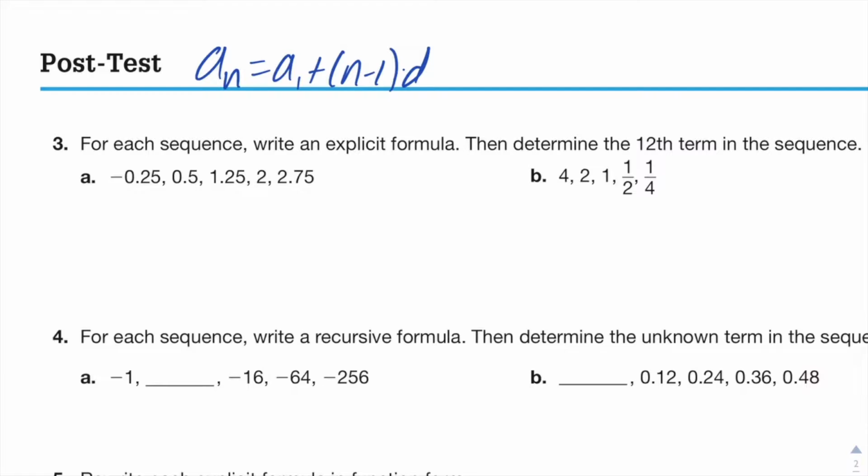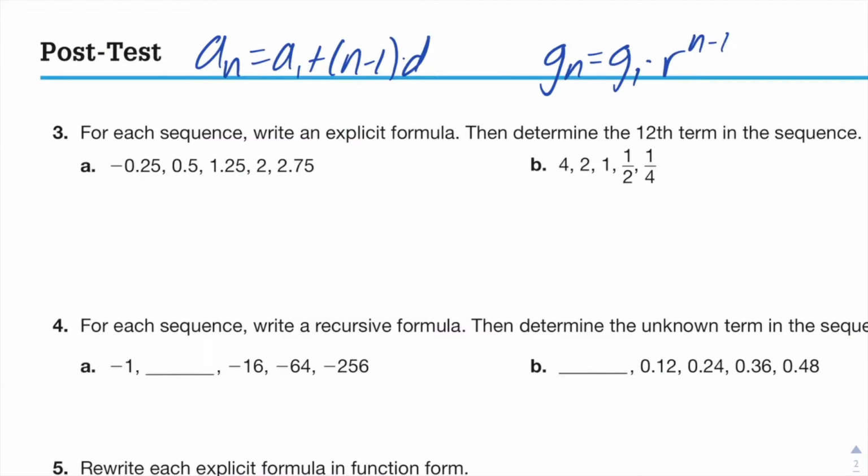And for a geometric sequence, we had G sub n equals G1 times R raised to the n minus 1. Those are the 2 explicit formulas that we had. So let's find the 12th term in each sequence. I'm sure one's going to be geometric, one's going to be arithmetic.